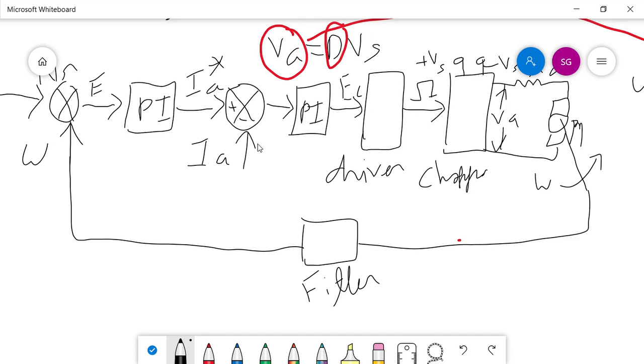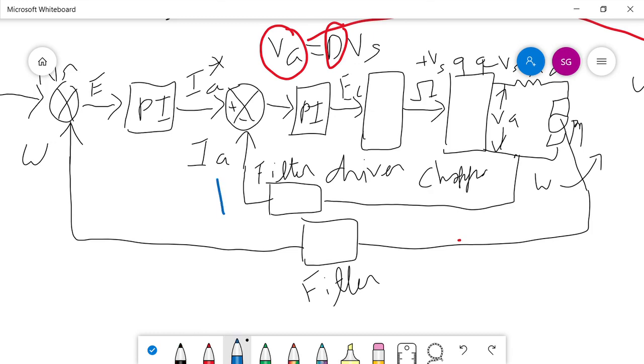So we need to give the feedback here as well. So let us say this will again pass through a filter. Okay, so this is your inner current control.